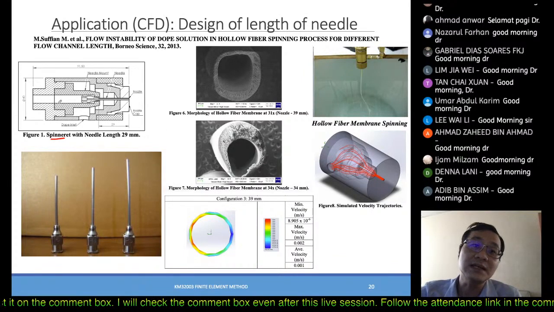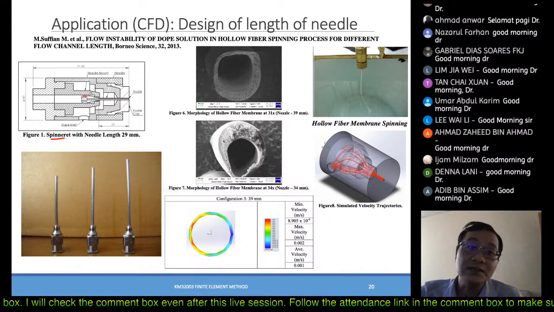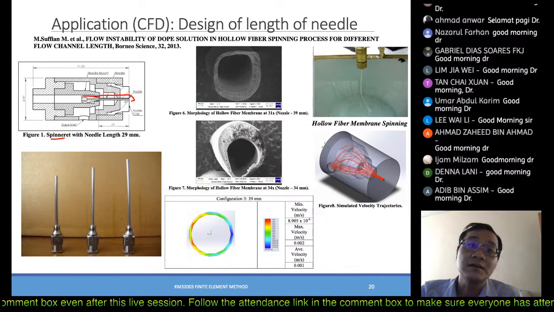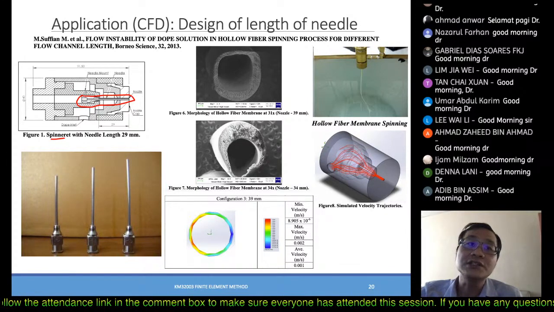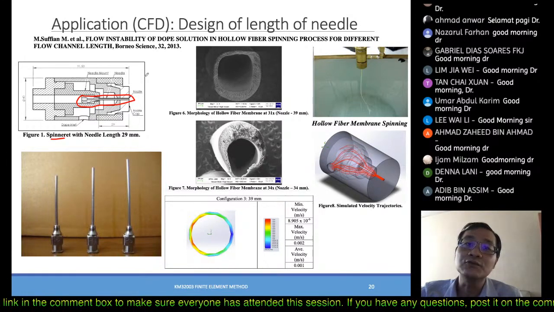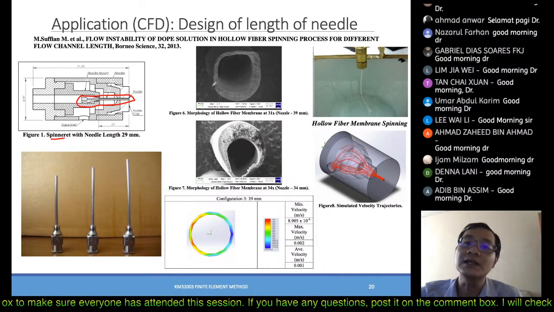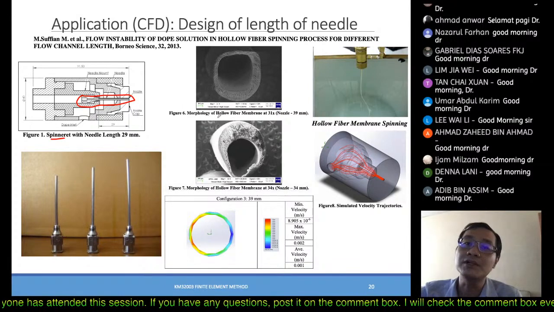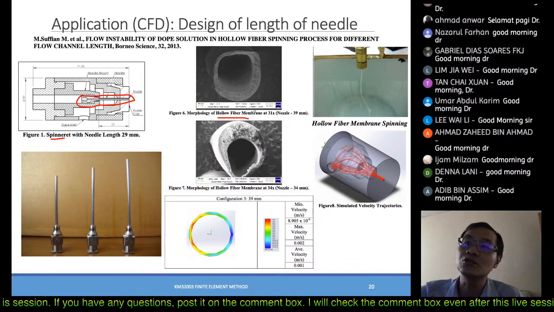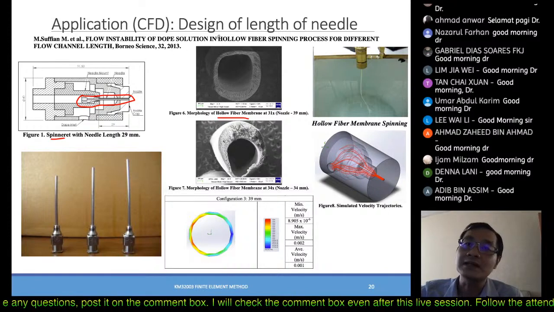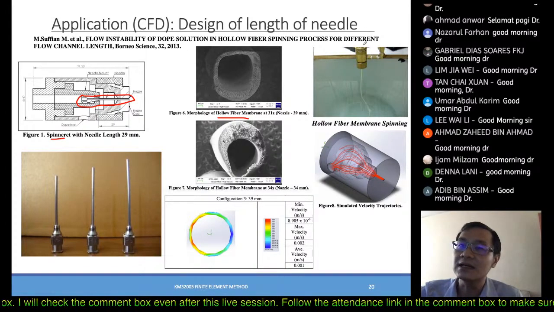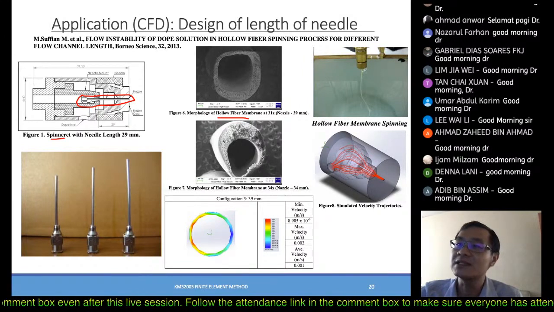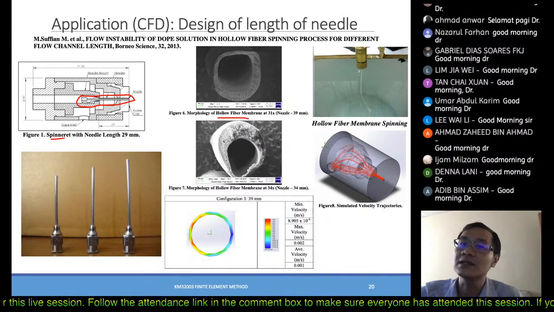You can see that this is the needle itself, and this length from his simulation will determine the quality of the hollow fiber membrane. What this spinneret does is pump a kind of fluid going through this nozzle, and this is a hollow tube, inside is hollow.